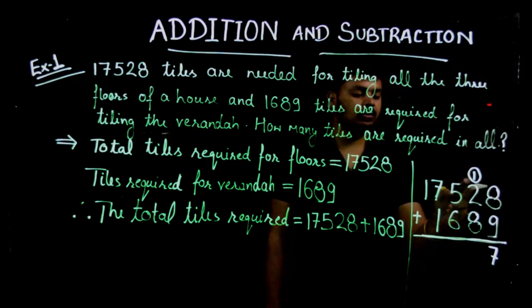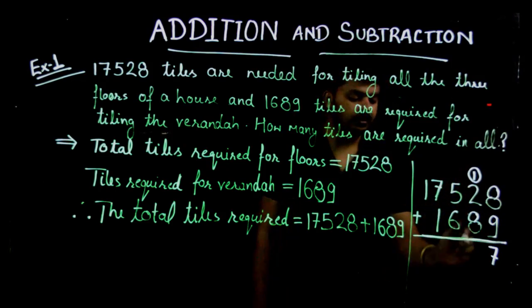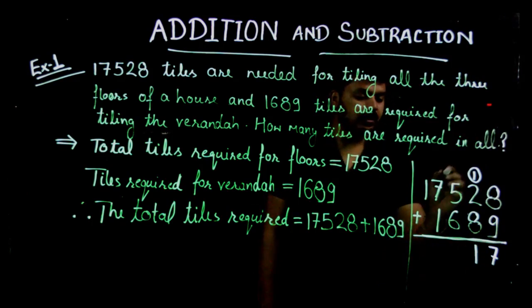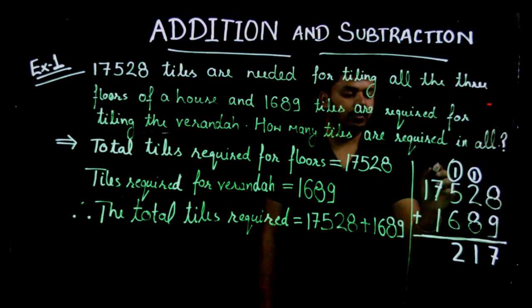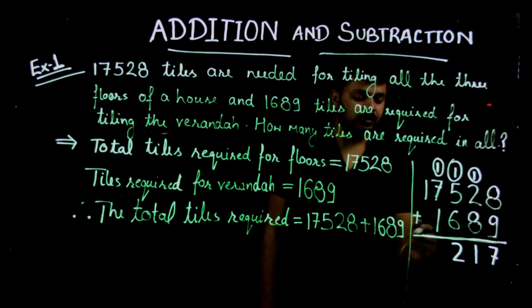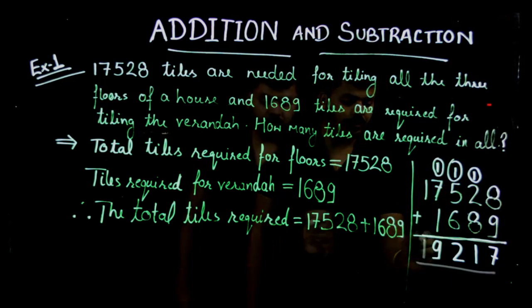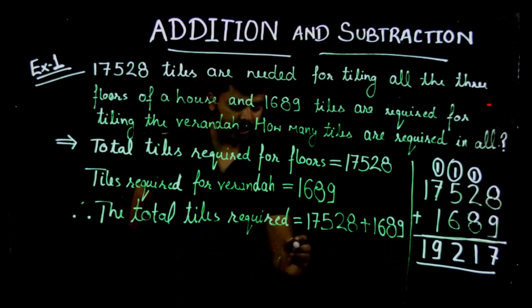Now 8 plus 2 plus 1 is 11. So again 1 and 1 carried over. 1 plus 5 plus 6 is 12. So 2 and 1 carried over. Now 1 plus 7 plus 1 is 9. 1.